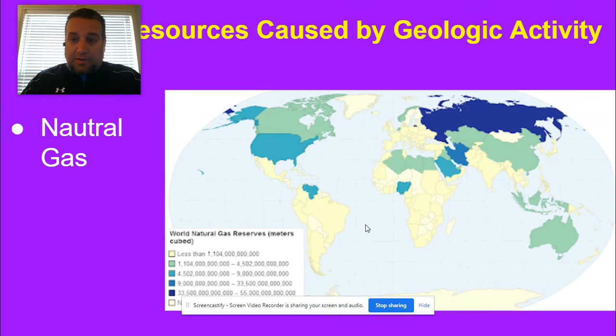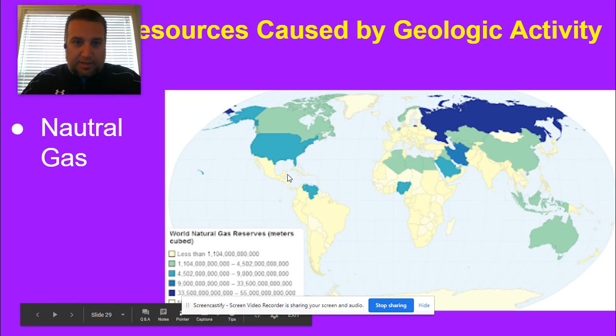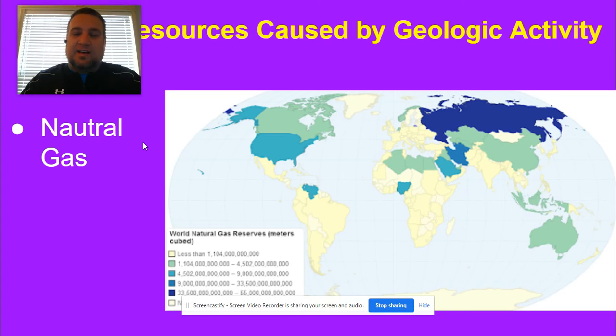Look at Africa, there's almost no places. Into Asia, I know this got washed out a little bit. South America and Central America, almost none as well. So again, natural gas is a fossil fuel, created by organic matter and heat and pressure over millions of years. It's also not distributed equally. You can see a running theme here.